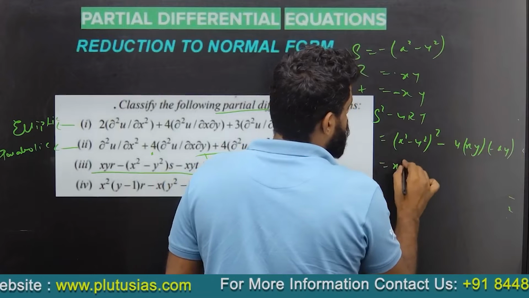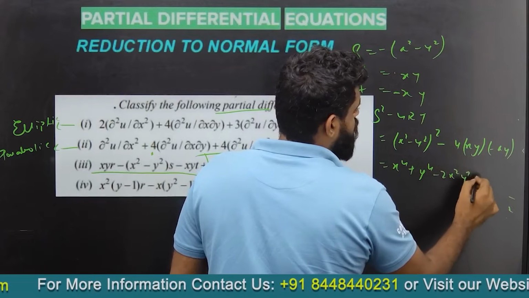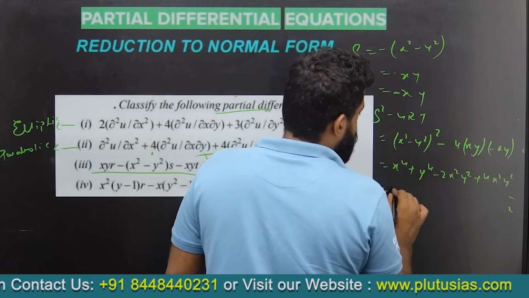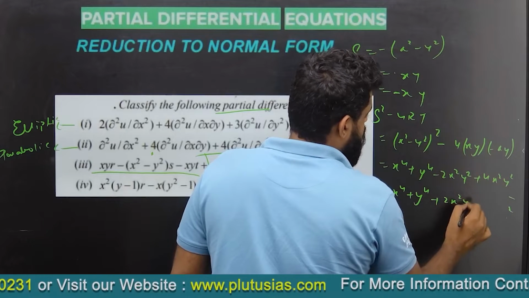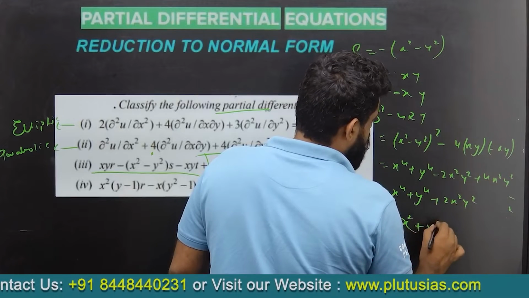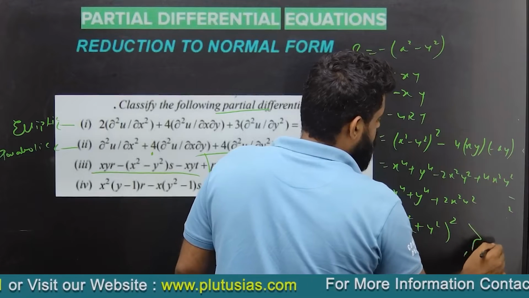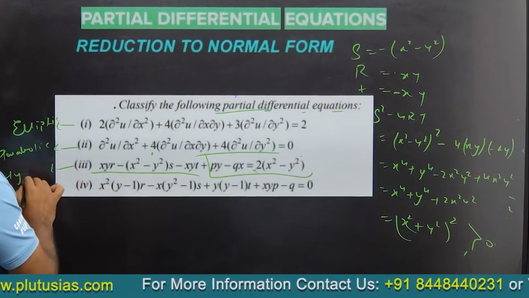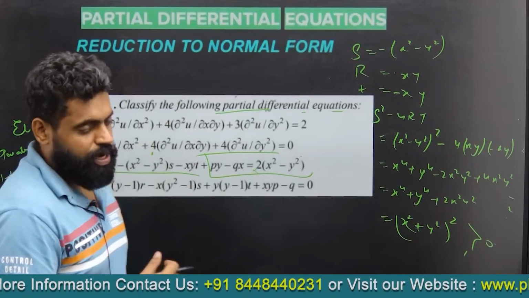This would be x to the power 4 plus y to the power 4 minus 2x square y square, and minus minus plus, so plus 2x square y square. This will be x square plus y square whole square, which is always greater than 0. So it is again hyperbolic in nature.